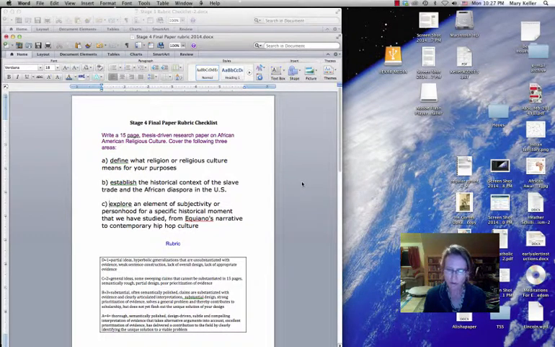Establishing the historical context of the slave trade becomes that foundation for a strong argument. If you cannot describe the historical situatedness of your research, we have not got a research paper.